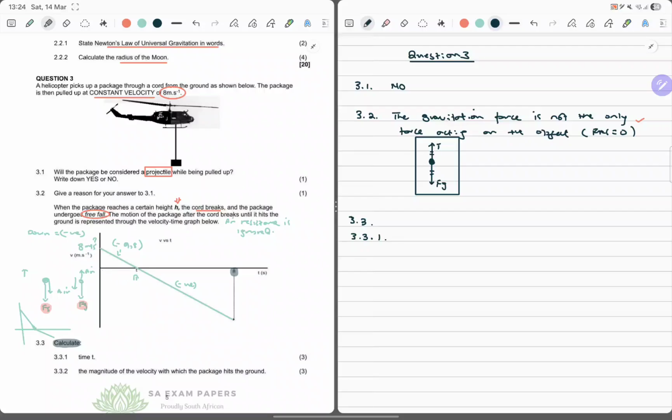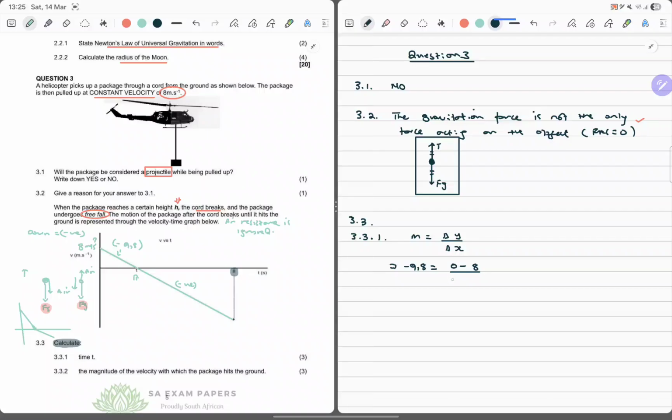Change in y over change in x. That can help us. So let's see. We know that the gradient is going to be change in y over change in x. So the gradient is minus 9,8. It's the acceleration. Remember, the gradient on a velocity time graph is acceleration. So the change in y is 0 minus 8, because that's how everything is changed, final minus initial.